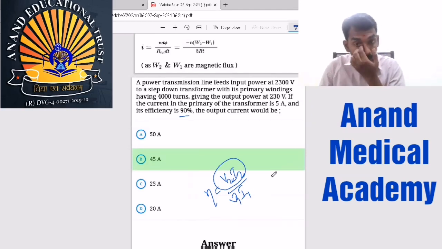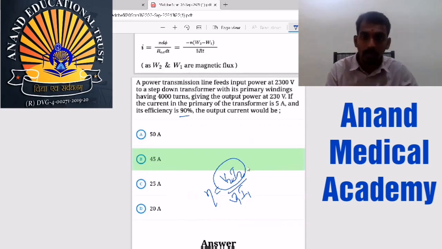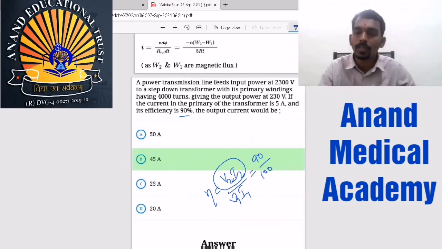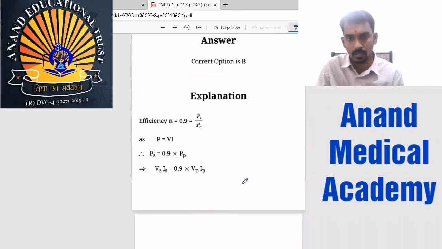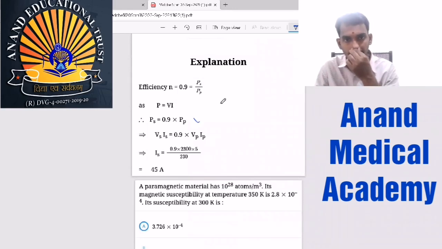So in that case, for NEET, efficiency 90% means you have to take 90 by 100. But in the previous case, when we took the formula V2 by V1 equal to I1 by I2, there we considered efficiency as approximately 1, the ideal case. So if they mention a non-ideal case, then you have to take it in this manner. See here.